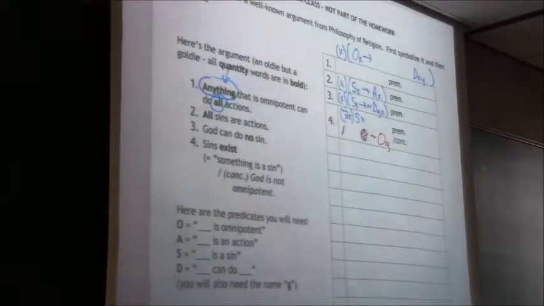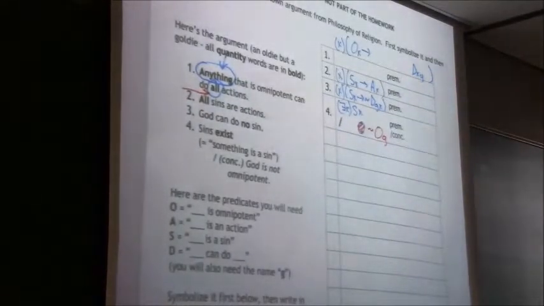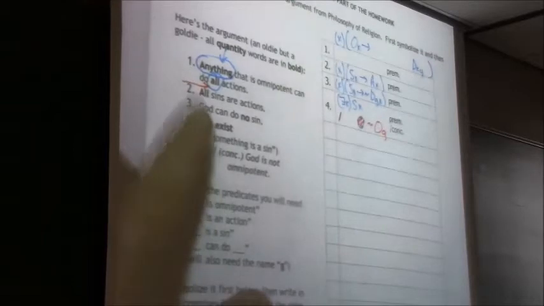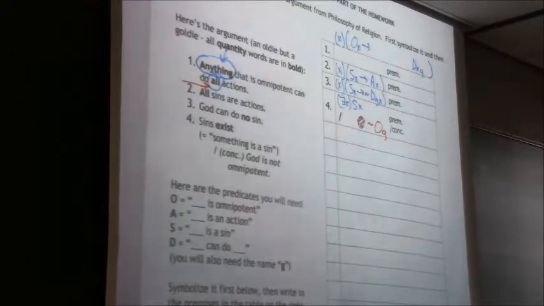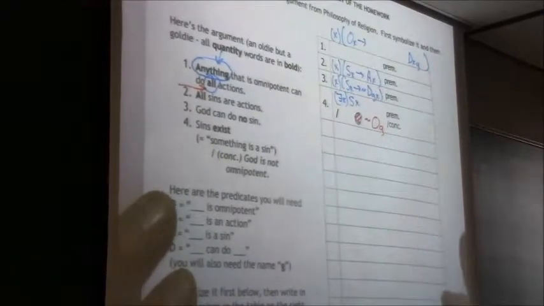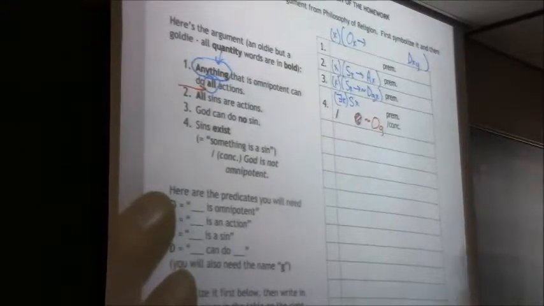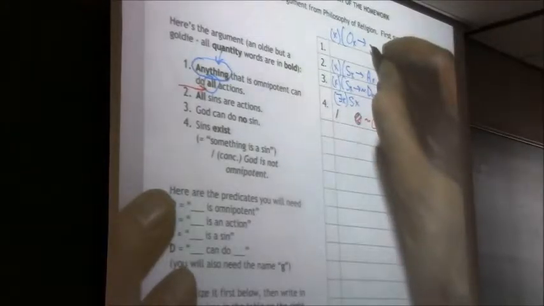But there's also another categorical syllogism because of this second quantity word. Now, because that's an all, what type is this categorical proposition? Is it A, E, I, or O? It's another A type. So, quantifier. What type of quantifier? Universal. What variable?